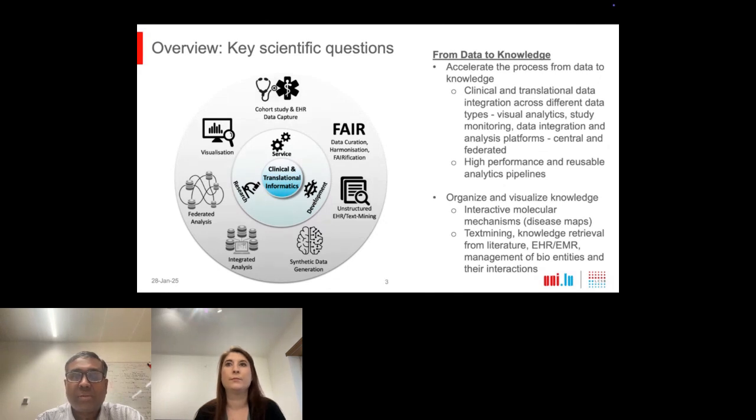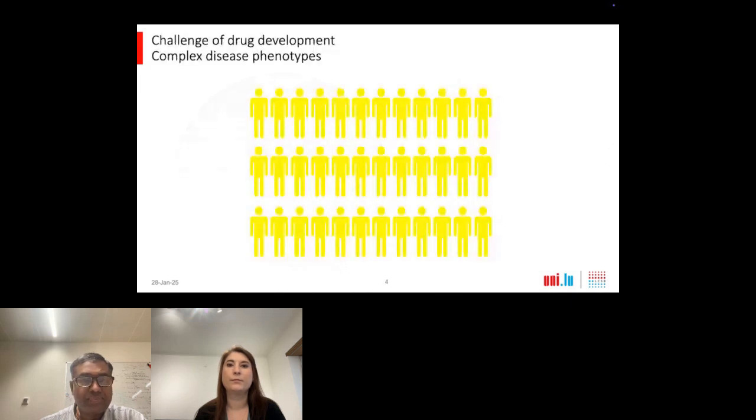One area we are actually working on is what we call disease maps, interactive molecular mechanisms, and we also do a lot of text mining, especially structuring the unstructured EHR, EMR data to further explore. I will touch on a couple of these things in the next few minutes.